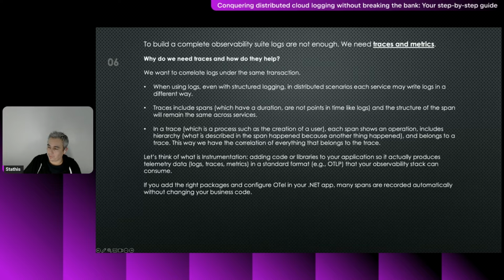By adding the right package and configuring OpenTelemetry in our .NET app, many spans are recorded automatically without changing the business code. So if we want to use a custom span, in .NET, the activity is a span. So we can use a command like start activity with whatever name we like. And as long as we use the start activity inside the request that already has a trace, the span will automatically be contained in the correct trace.